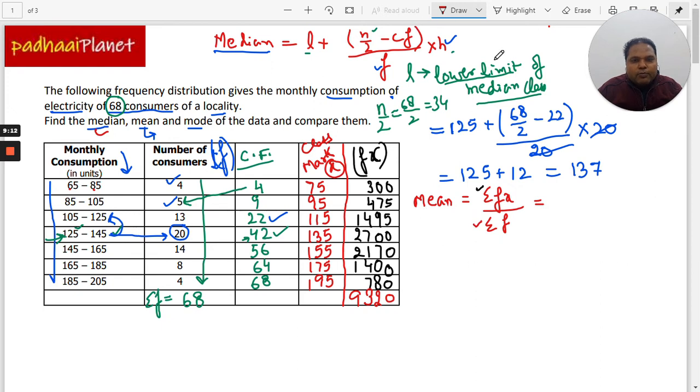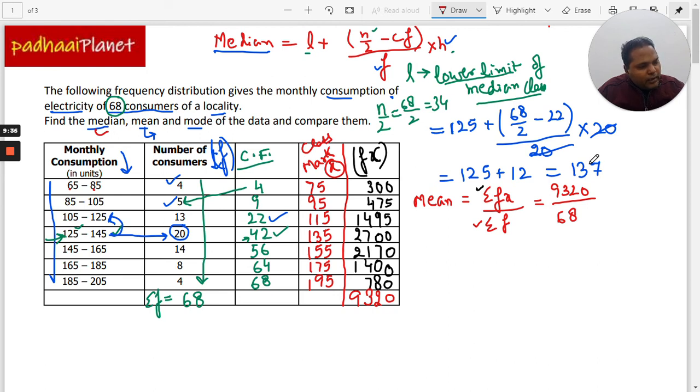We already know sigma f, right? So let's put these values, and this is 9320 divided by 68. If we do the simple calculation, let me use my calculator here.